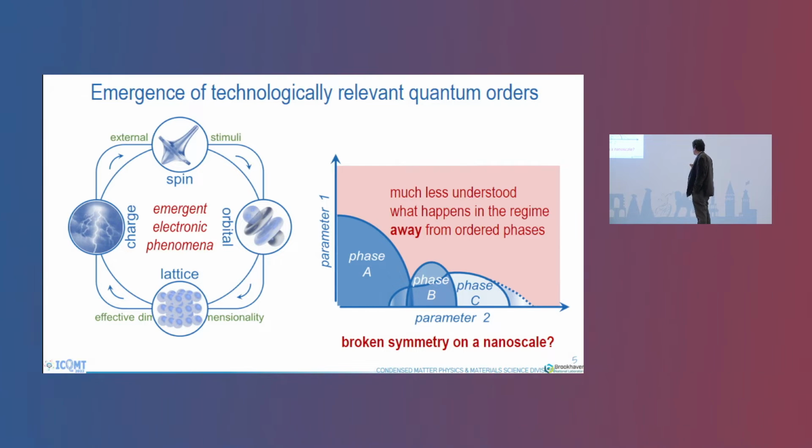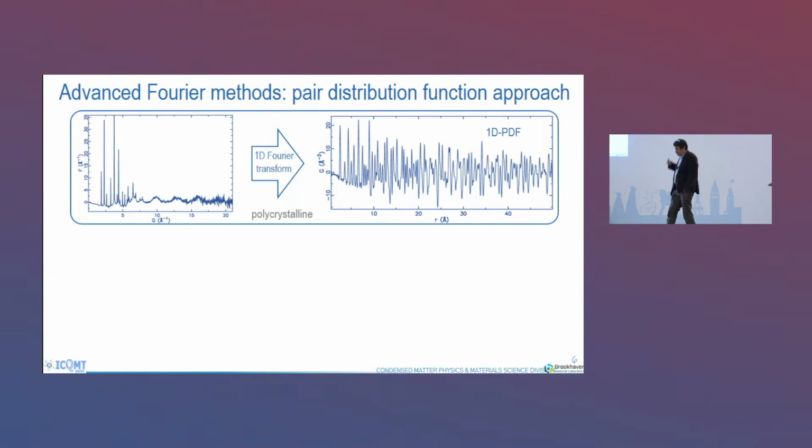And in the experimental world, many techniques are actually not very sensitive to the nanoscale simply because they average over the bulk. So when electronic properties couple with the lattice, it's useful to apply so-called advanced Fourier methods and derive the pair distribution function approach, which, in the case of powders, is essentially relying on two pieces of information: Bragg, which gives you the average crystal structure, and diffuse, which carries information about the deviations from the average.